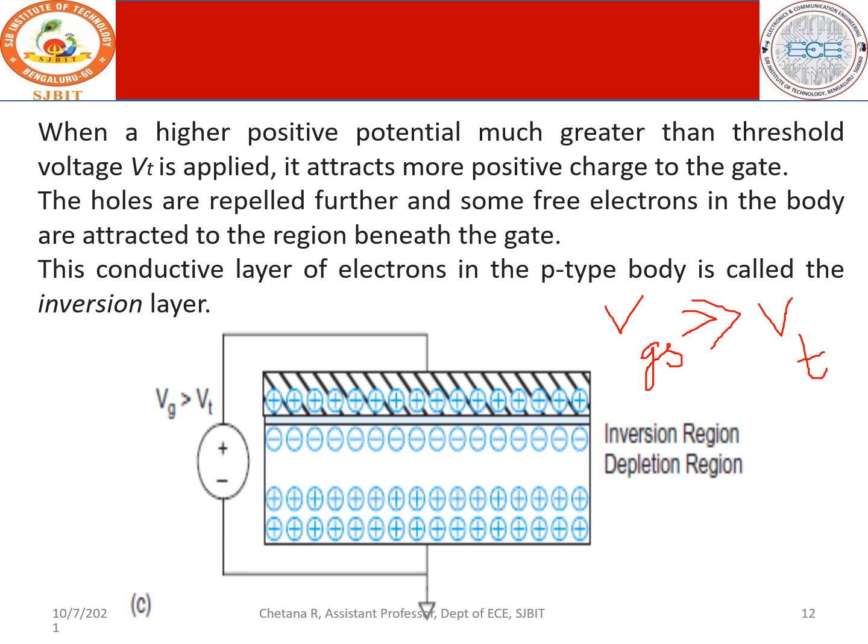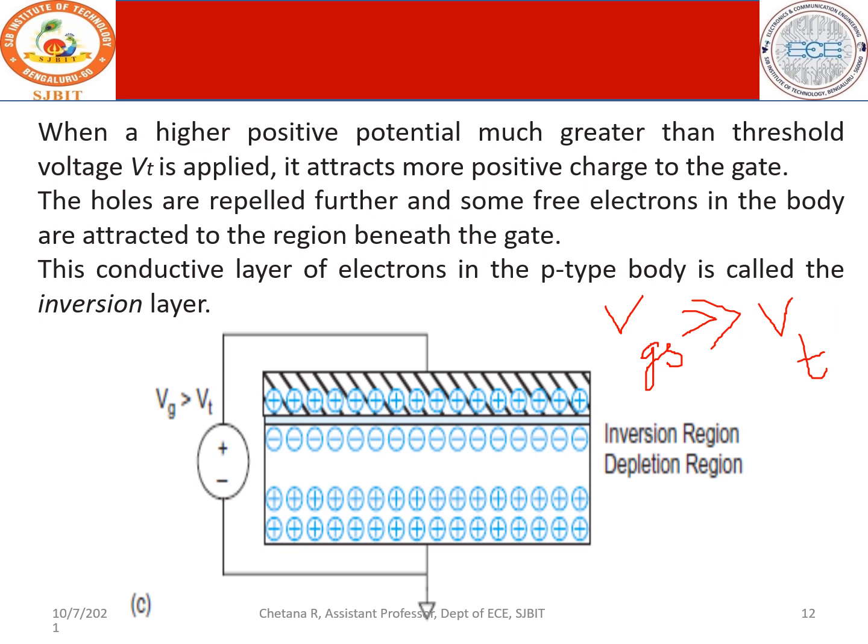In the previous case it was a very small voltage, so they just repelled. But now a stronger voltage is given, therefore negative charges get attracted and the region below the oxide is actually p-type, but it is formed with negative charges. Therefore it is called the inversion region.